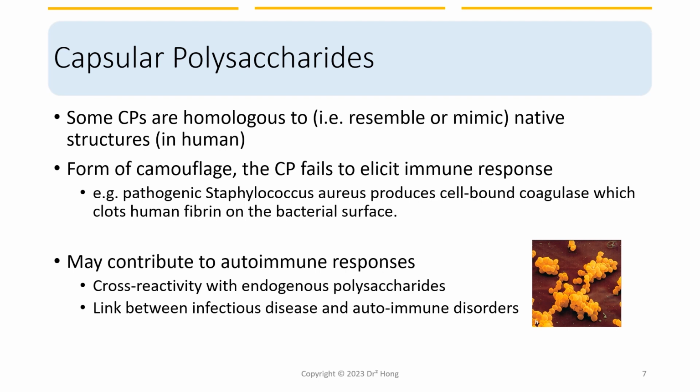However, we learned in the autoimmune lecture that the similarity between pathogen antigens and self-antigens is also referred to as molecular mimicry, and so it may cause an autoimmune response toward endogenous polysaccharides. Now, there are many documented cases linking infectious disease and the development of autoimmune disorders.